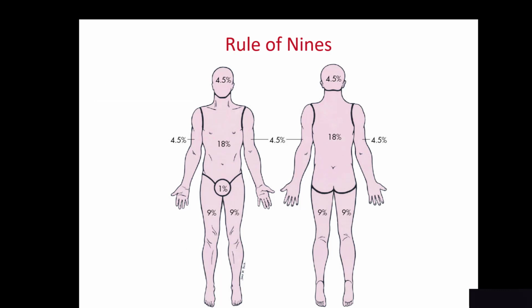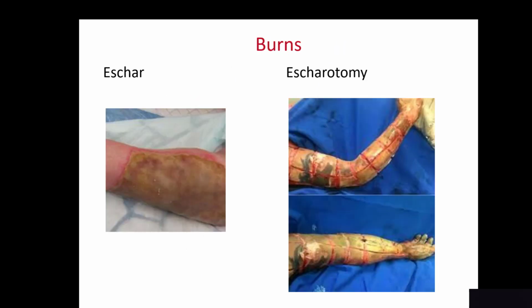So we use this rule of 9s to estimate the severity of burns, and in some cases it helps determine treatment options, like if we need to transfer a patient to a burn center rather than a regular hospital, for example. So let's go back and look at these two patients, for example. The one on the left, the website that I got this from, this was a left anterior arm.